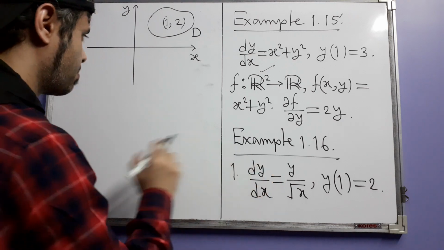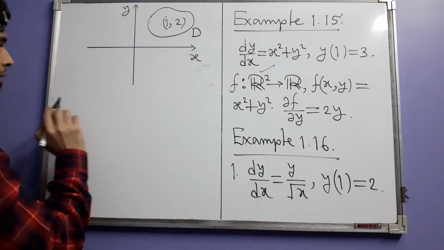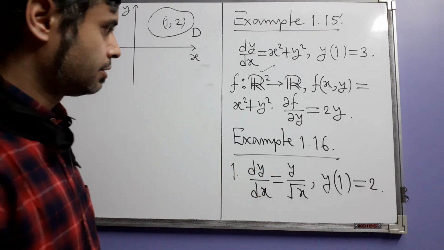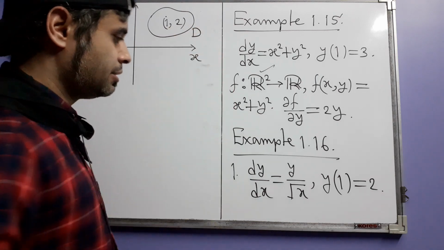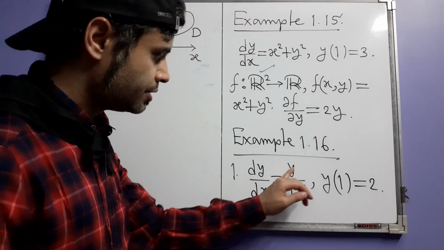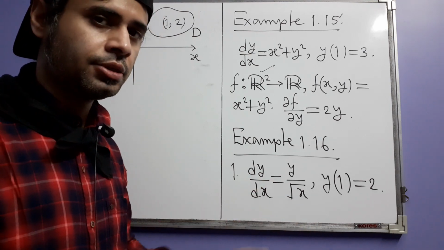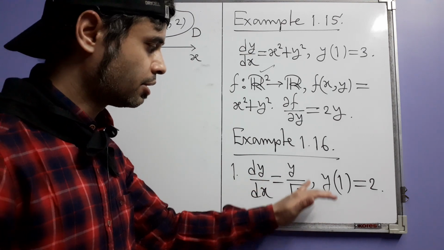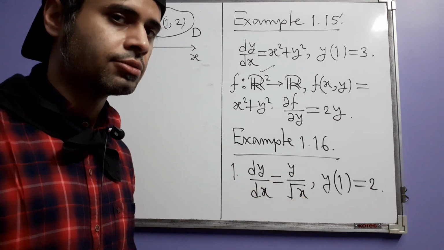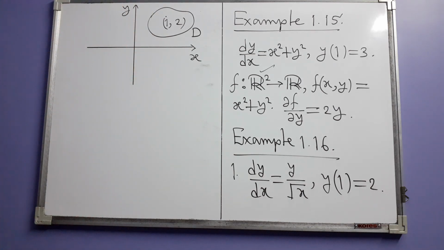Let us also see that on such a domain D, this is a continuous function. Again, I am not going to say how, you decide from your knowledge of analysis or calculus. What about this partial derivative?